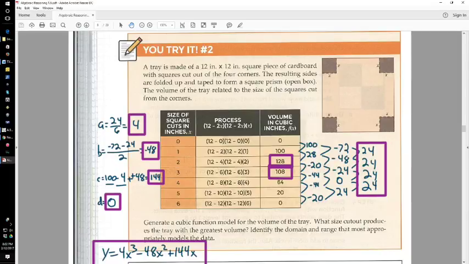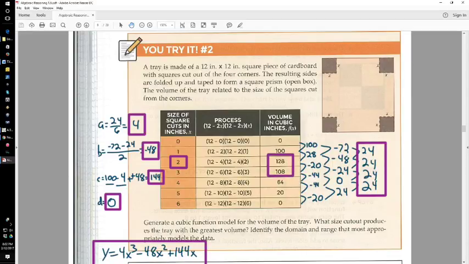So we're going to go with a 2-inch cutout. It's going to be somewhere between 2 and 3 inches. The reason I say 128 to 108 versus 100 to 128 is simply because 108 is bigger than 100. So that is where it's going to be the biggest, somewhere between those two.